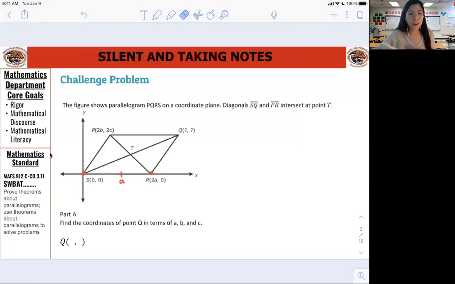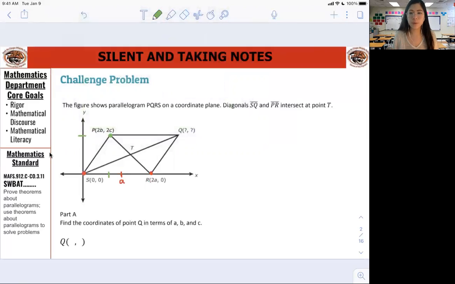Okay, then let's look at the other numbers that they have for P, because P is maybe the most challenging one since it's kind of floating, right? It's not on the x-axis and it's not on the y-axis. So P, we've got something here and something here, right?